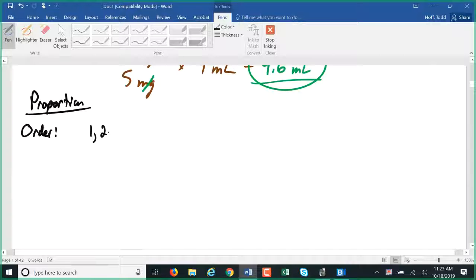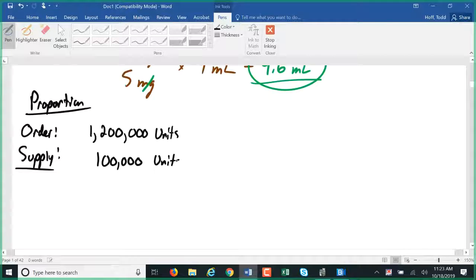So once again, we're ordered 1,200,000 units. And our supply label on the bottle tells us 100,000 units per milligram and 5 milligrams per 4 milliliters.